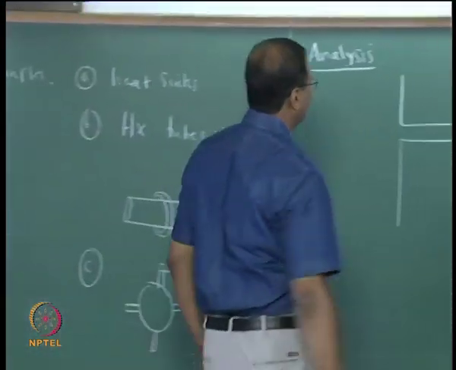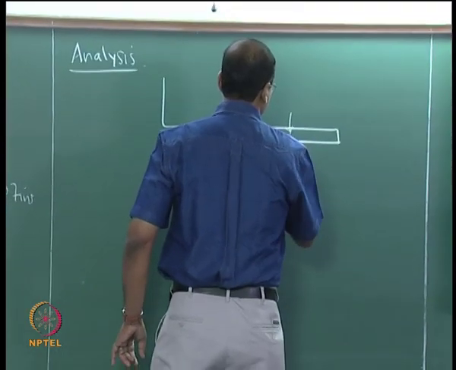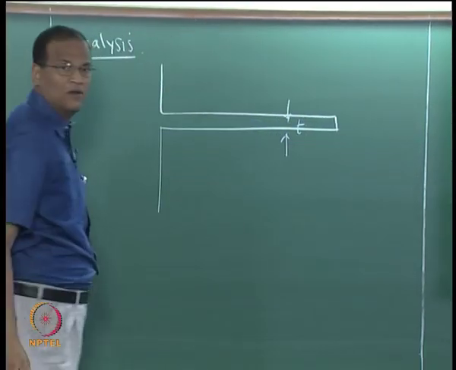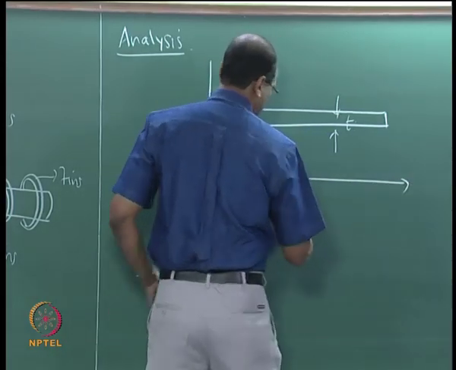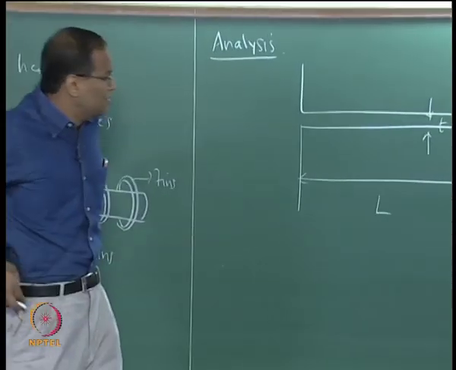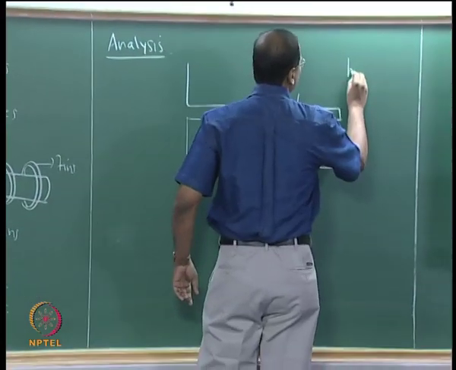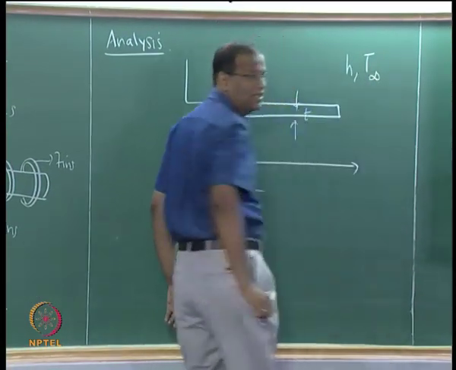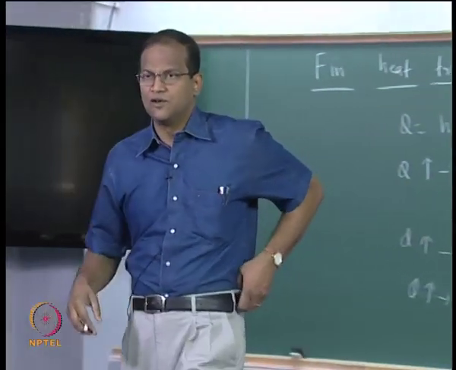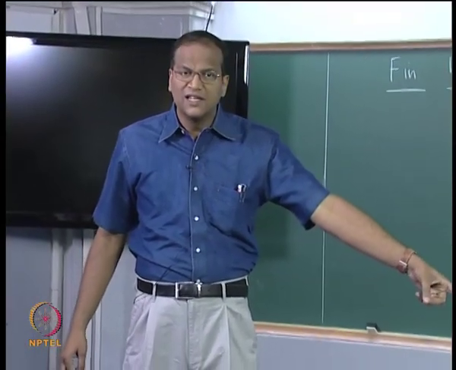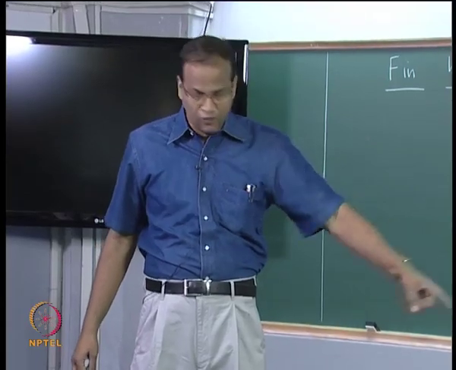So I can say that this is T, length is L. Now the heat transfer coefficient is h and T infinity. The heat transfer coefficient can be because of natural convection or forced convection. In this case of the heat sink, it will be because of forced convection.